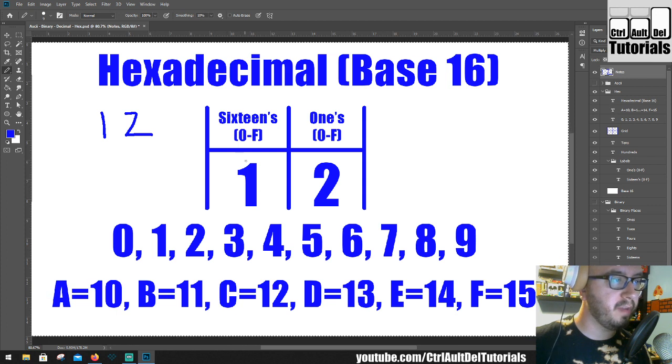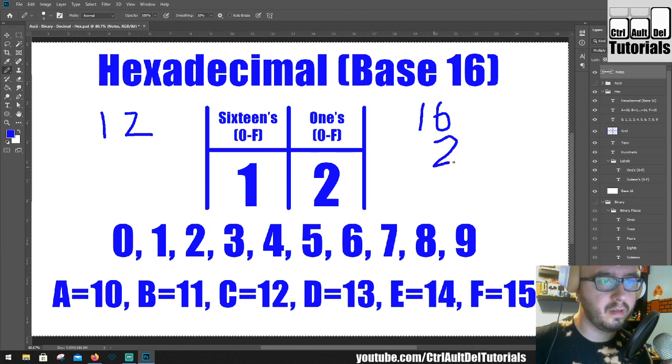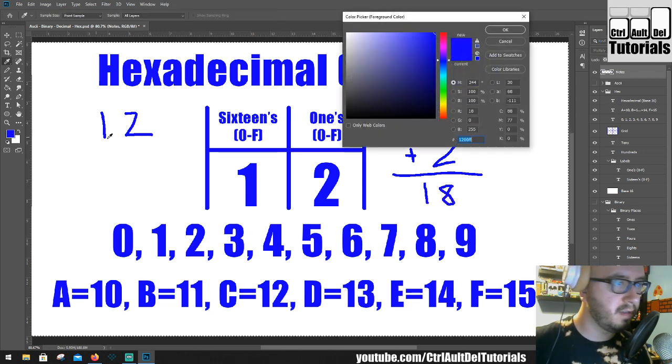Okay, this one is going to get multiplied by 16. 1 times 16, luckily that's 16. And 2. Alright, that's a nice easy one. That gives us 18. And look, the color value for red here was 12, and the decimal value was 18. That's crazy.